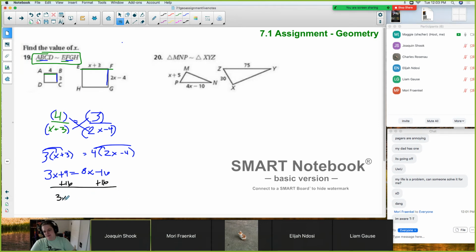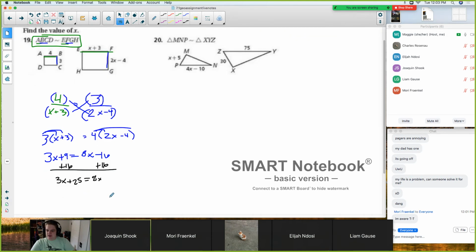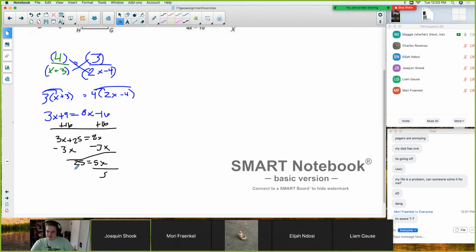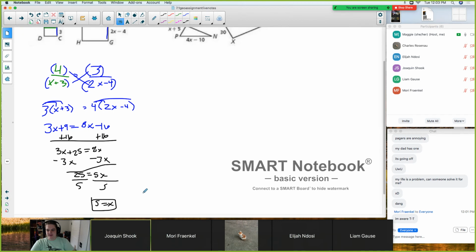So 3x plus 25. And then I'm going to move the 3x over. So we get 25 equal to 5x. Almost there. Divide by 5. 5 is x. That's all they wanted? Yeah. Find the value of x.